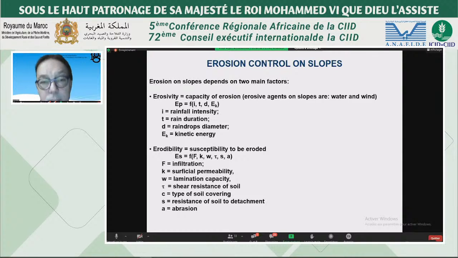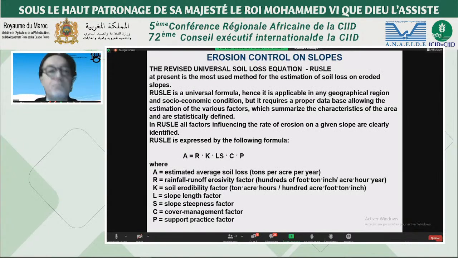Alors, bon, ça, ce sont des facteurs. Donc, il y a l'érodibilité, c'est-à-dire la susceptibilité à l'érosion. Et donc, on parle de l'infiltration, la perméabilité, l'agrégation, la résistance du sol, le type de sol covering, la résistance du sol au détachement et à l'abrasion. Alors, l'érosion sur les sols.